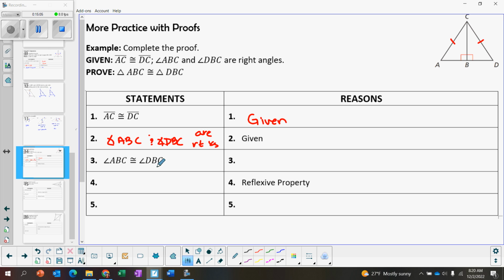So now that I know we have right angles, I can say they're congruent by the right angle congruence theorem. We talked about it very briefly. I also have an extension using the reflexive property, CB congruent to CB.